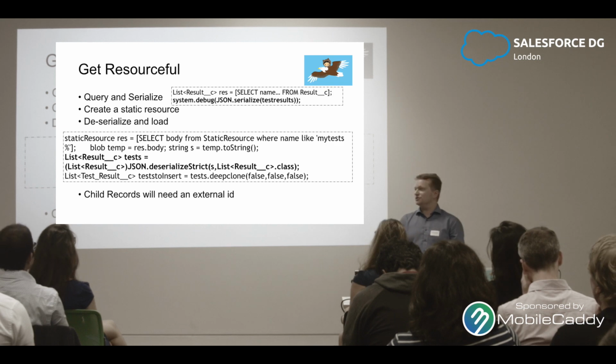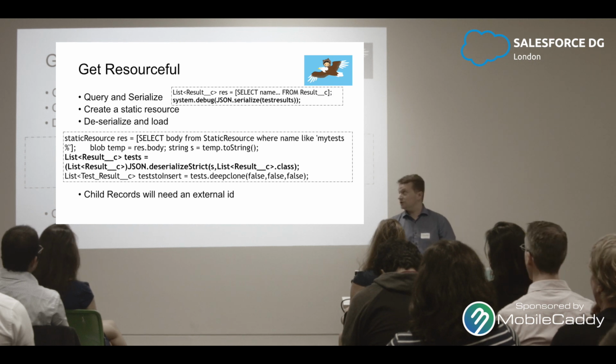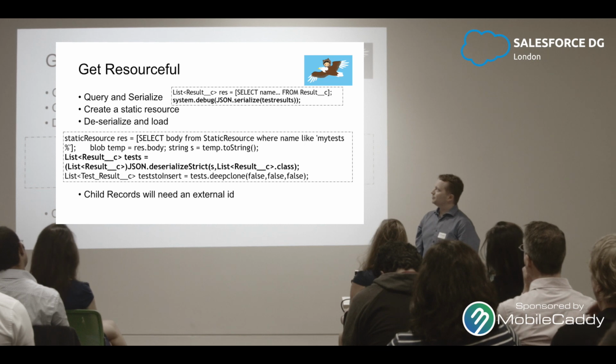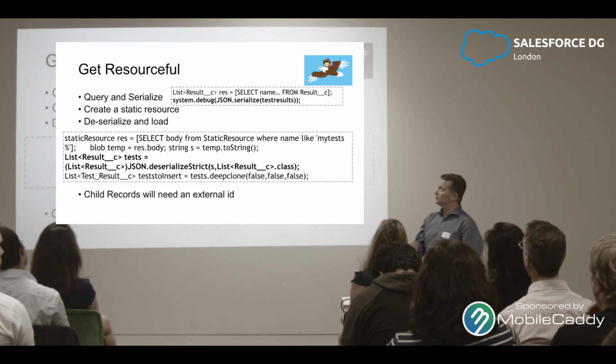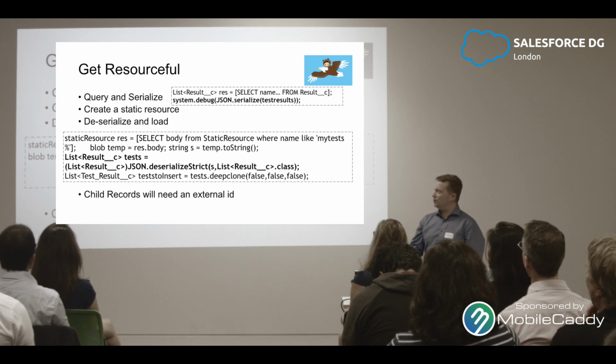We can use static resources to set up our data. In this scenario, I opted to query some production data, essentially in a developer console, and I'm serializing this into a JSON string, and I'm then copying the JSON string into my static resource. Then over in the sandbox, I'm going to unpack the static resource.